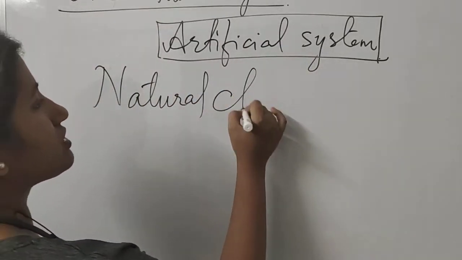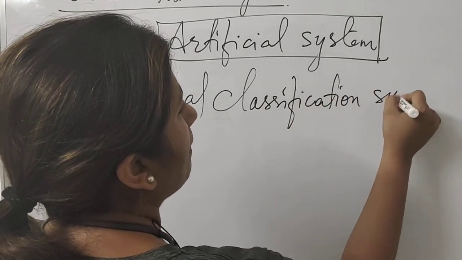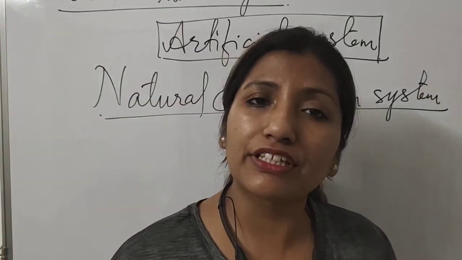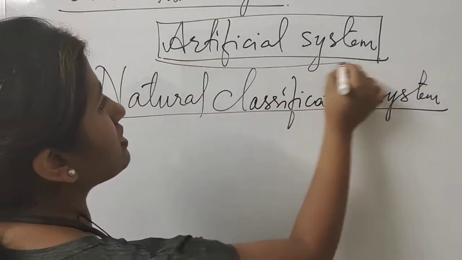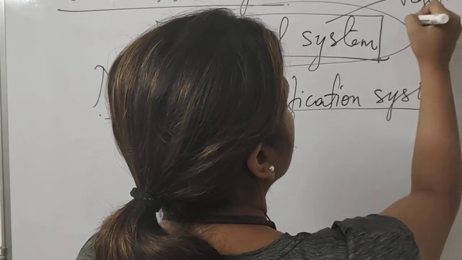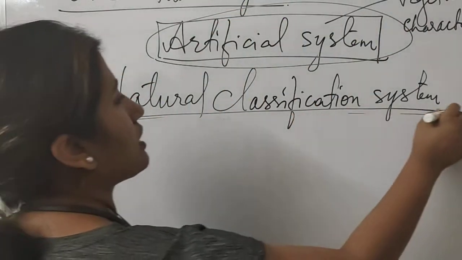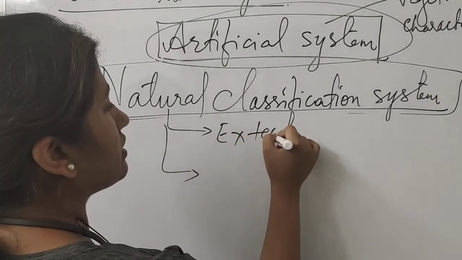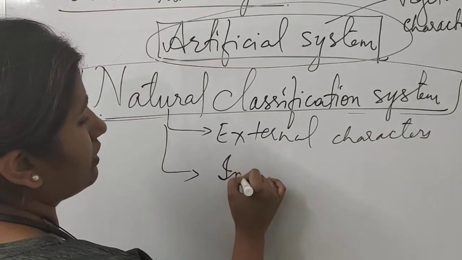So the natural classification system was made to overcome the artificial system, which was based solely on the vegetative characters. Alright, so natural classification was based on the external characters and internal characters too.